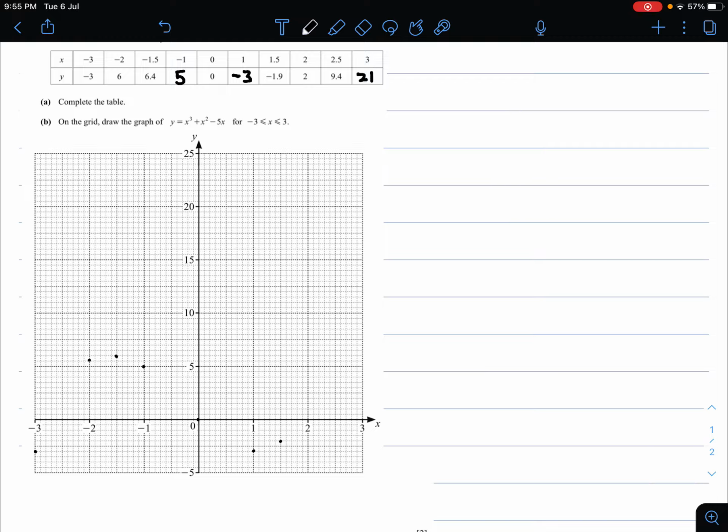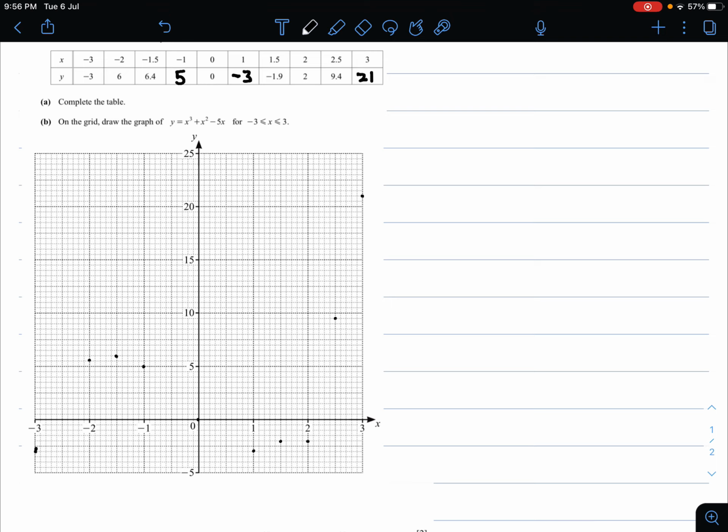2 comma 2 is right here. And 2.5 comma 9.4. Okay, so 9.4 will come right here, and 3 comma 21 will come right here.